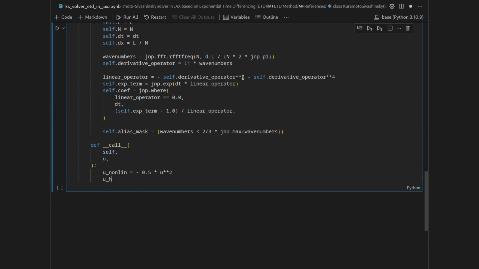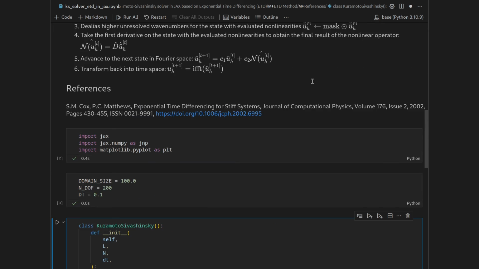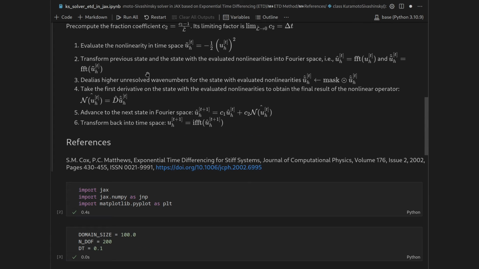So we will get first u_hat by taking jnp.fft.rfft on u, and then we will get u_nonlin_hat by taking jnp.fft.rfft on u_nonlin. Next step is the third one, to dealias the higher unresolved wave numbers.